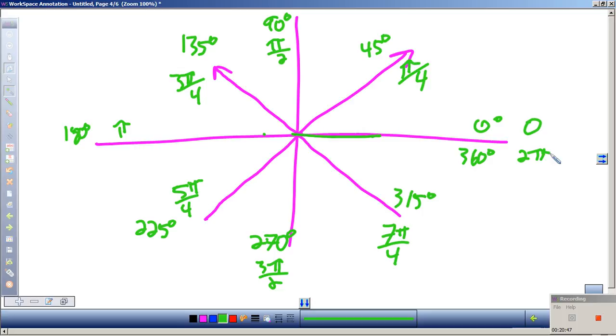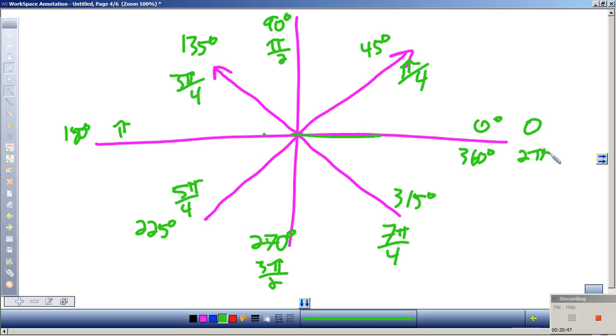So maybe I'll say, if you have a 30 or 45 degree angle, how many radians do you have? It should be fast enough that, what if I get negative 90 degrees? Each one of these you should be able to answer in less than 10 seconds.